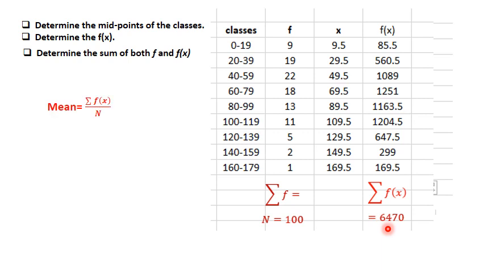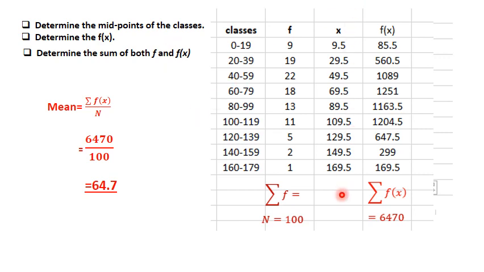Then we go to looking for the mean. In the introduction, I showed you that mean is gotten by sum of fx divided by n. In our case, sum of fx is 6470 and n is 100. Therefore, mean will be 6470 divided by 100, in which case our answer will be 64.7. I hope that's clear. Basically, when you're given a question, you will be given the classes and the frequencies. So to compute the mean, when you're not using assumed mean, you just need to develop two other columns.